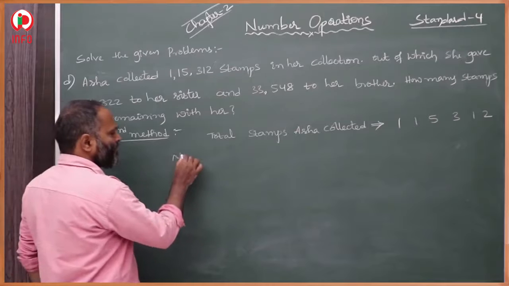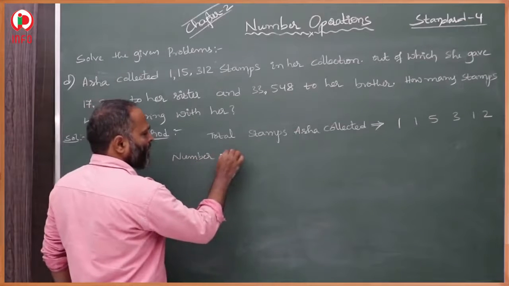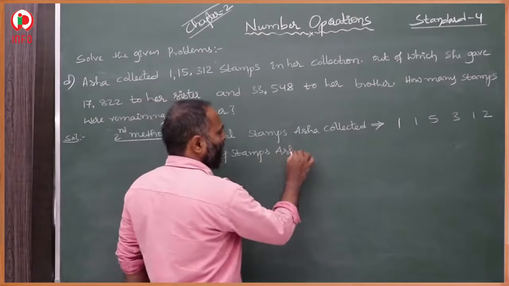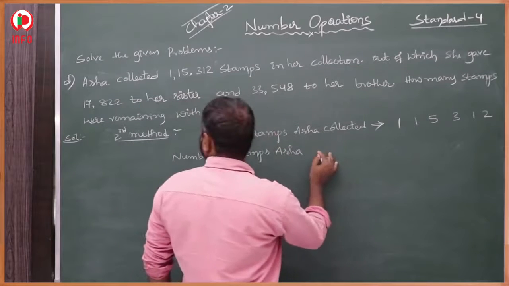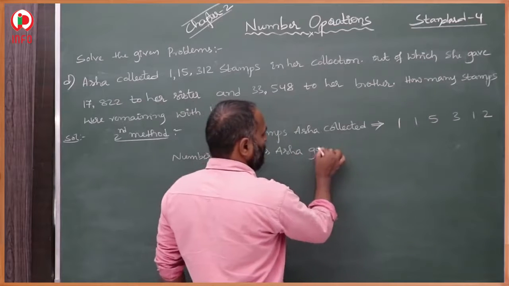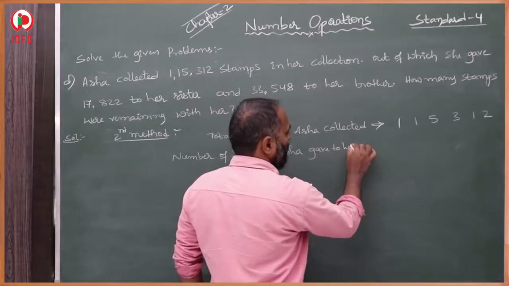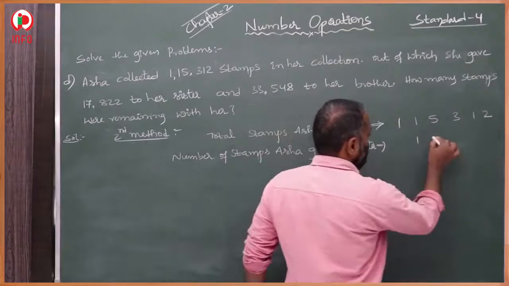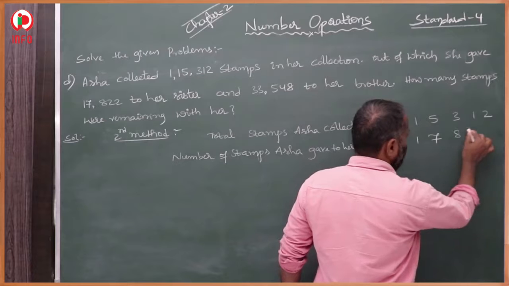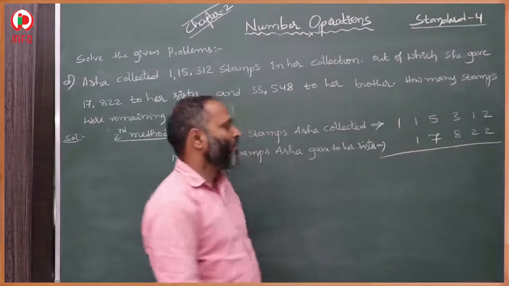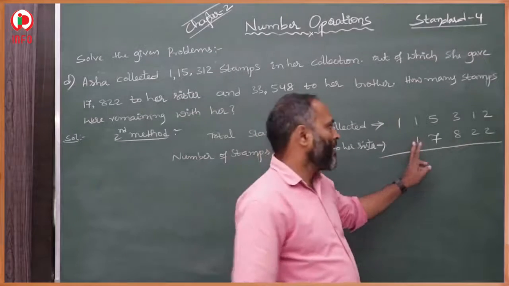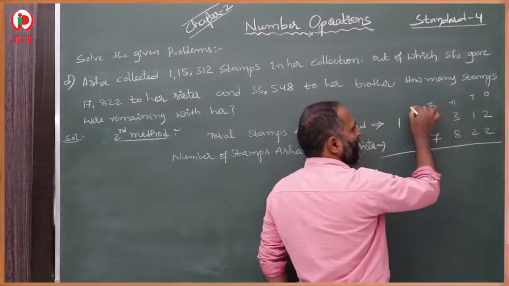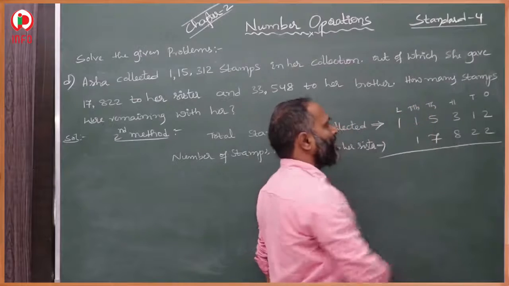Number of stamps Asha gave to her sister. How many stamps? 17,822. So here we start from the fifth digit. This is ones place, this is tens place, this is hundreds place, this is thousands place, this is ten thousands place, this is lakhs place.